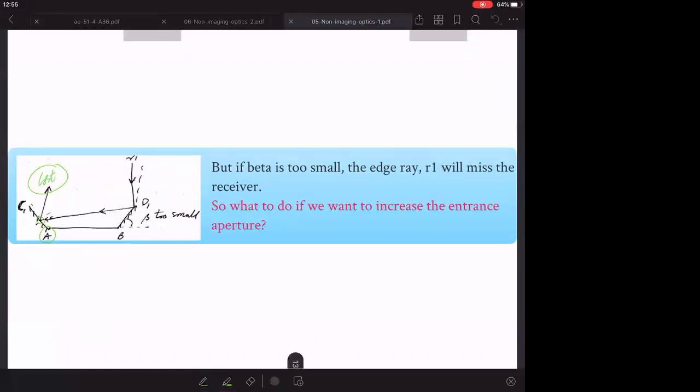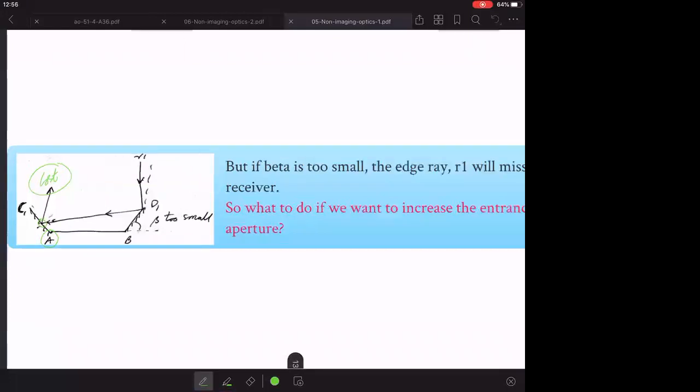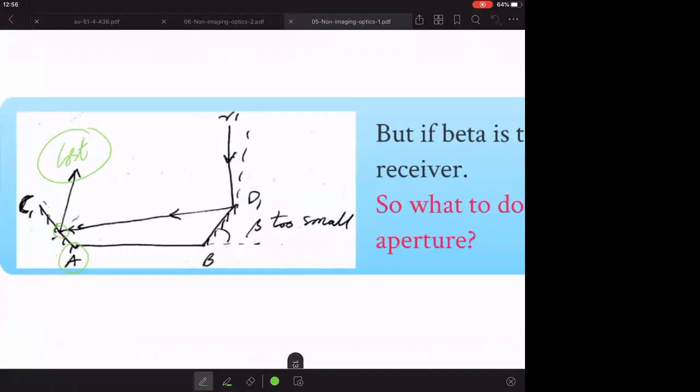I think that in order to capture more light, we have to take beta small, but in case we want to concentrate it on the other side, it needs to be tilted to the upper side. That's correct.